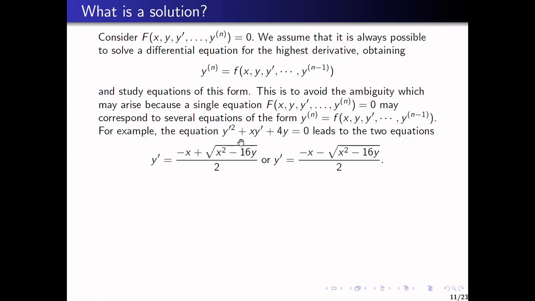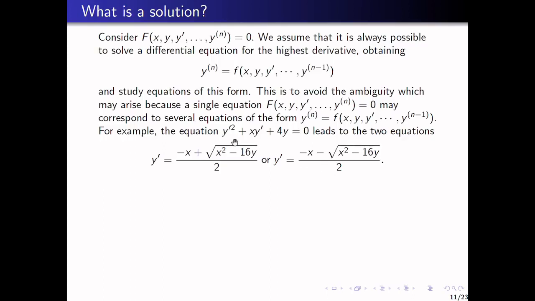The differential equation y dash square plus x y dash plus 4y is equal to 0 gives rise to two equations, namely y dash is equal to minus x plus square root of x square minus 16y divided by 2, or y dash is equal to minus x minus square root of x square minus 16y divided by 2.